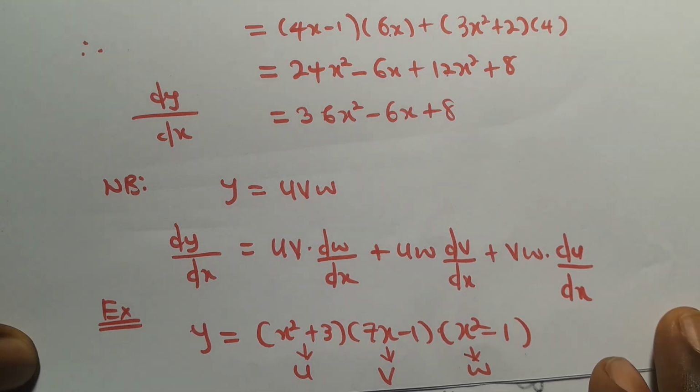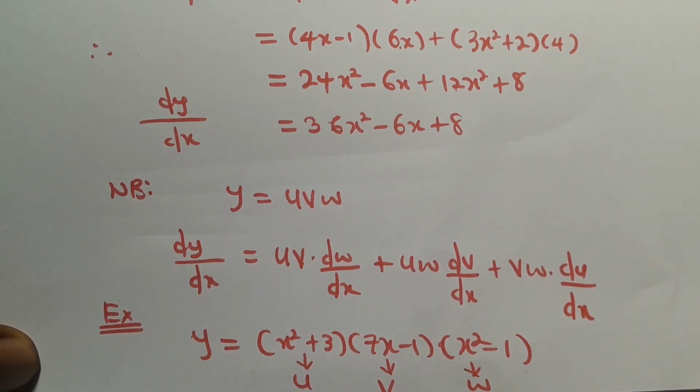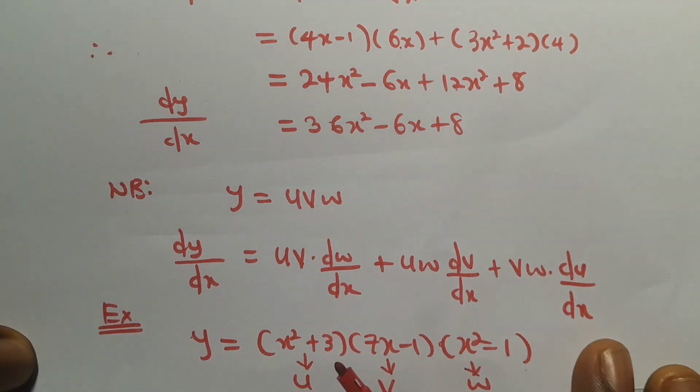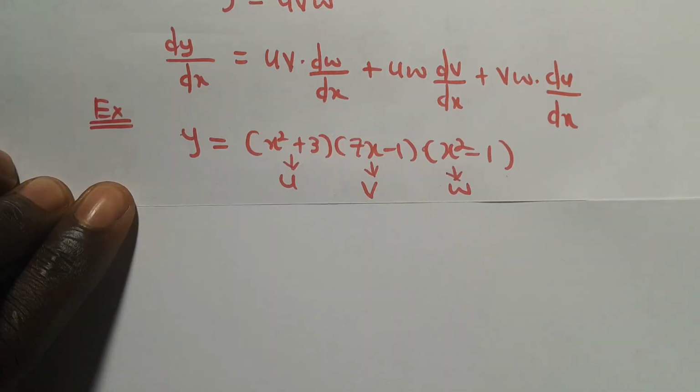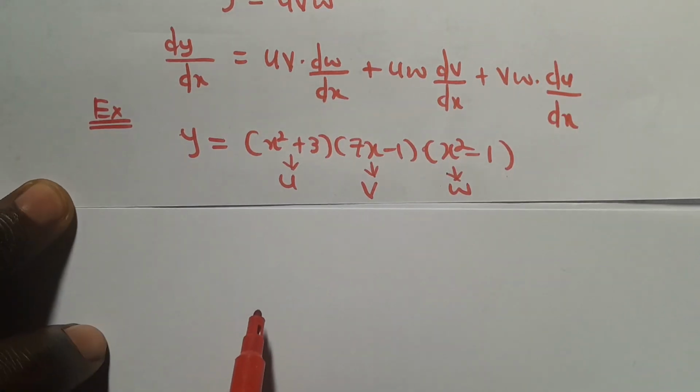In this case, you keep the first two functions and differentiate the last one with respect to x. You keep the first and third functions and differentiate the second one with respect to x. Then you keep the second and third, then differentiate the first with respect to x.